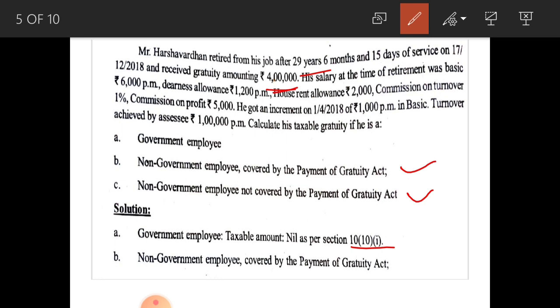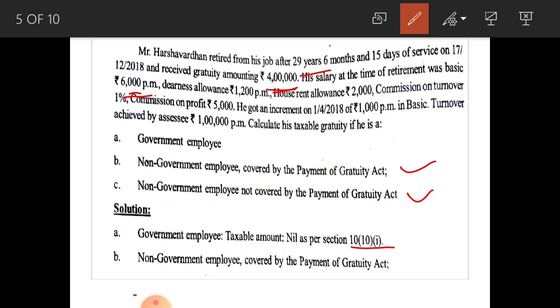His salary at the time of retirement was basic 6,000 per month. That means till last month he is getting the salary of basic of 6,000 per month, dearness allowance, that is DA 1,200 per month.